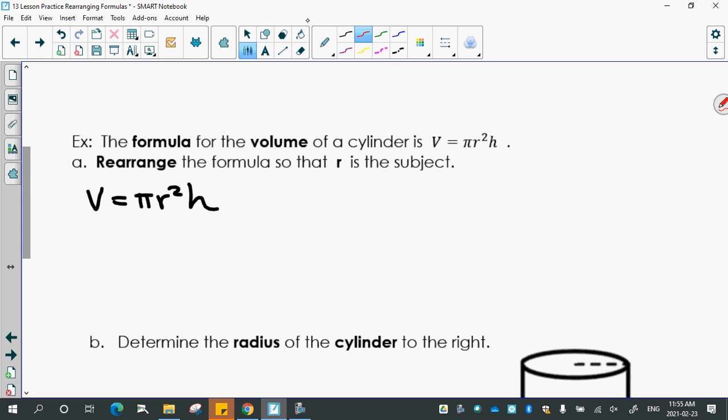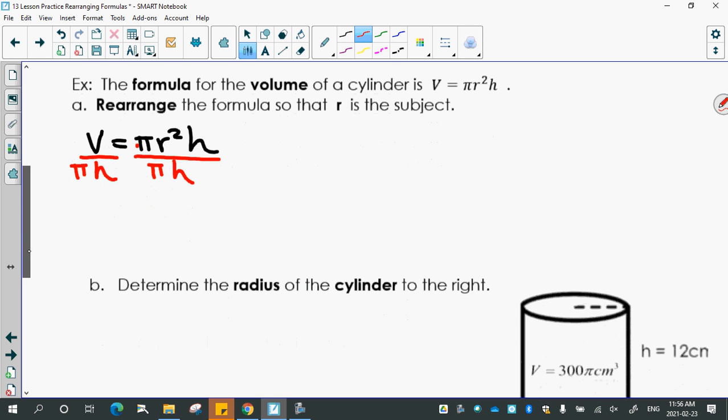All right, as I was walking around, I noticed that a lot of people's first step was to divide by pi h. And that's correct. You want to get r by itself. Right now the r squared term is being multiplied by pi and by h, so you want to do the opposite and divide both sides by pi and h. That gives you v over pi times h equals r squared.